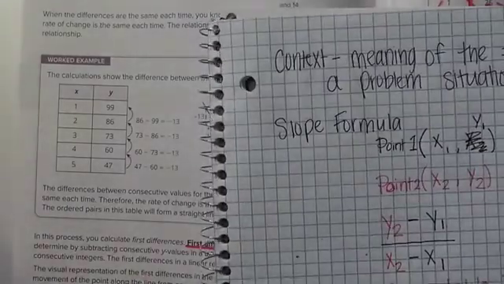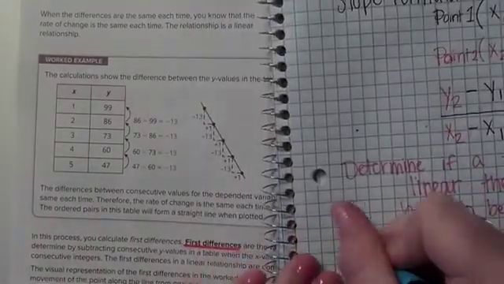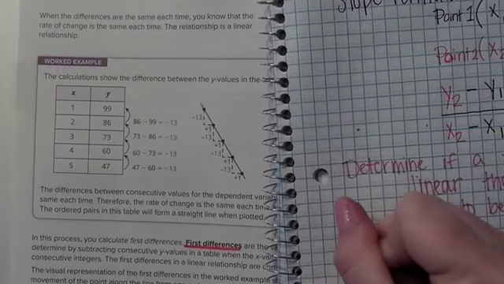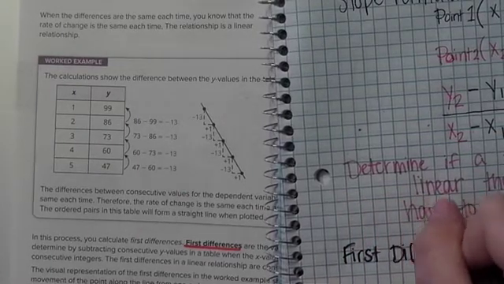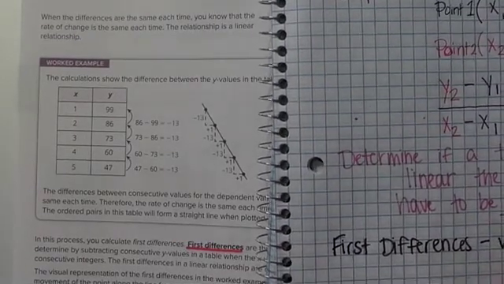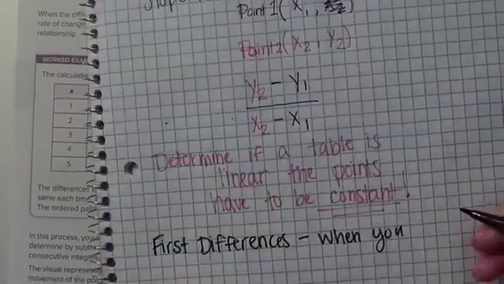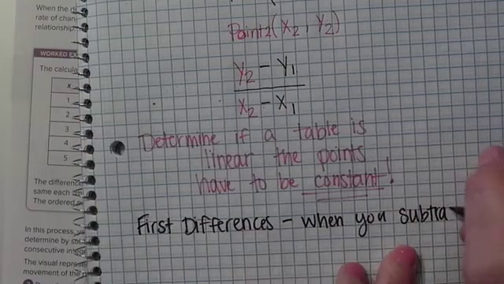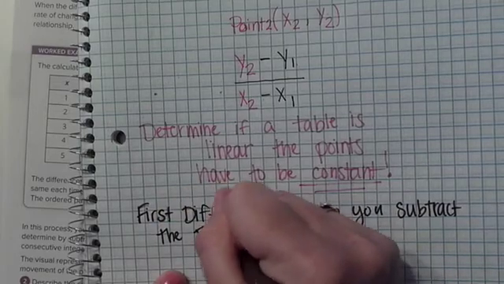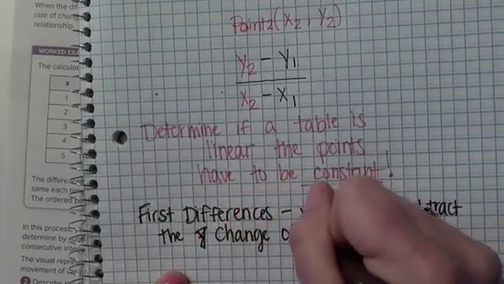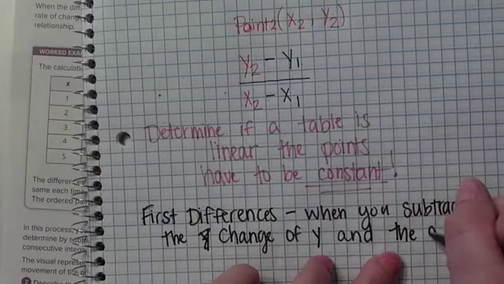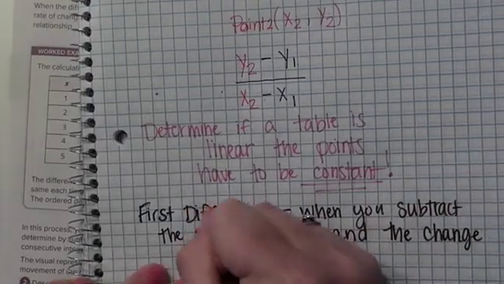So these are called first differences. First differences is when you subtract the change of y and the change of x.